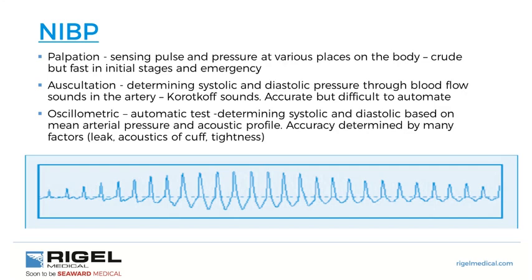Effectively, in the diagram, what you have is the pressure transducer. So you pressurize the cuff to the point of no blood flow, and then once you start seeing deviations from the pressure transducer, those deviations would be the systolic, and those pulse volumes will die off until you see the diastolic.